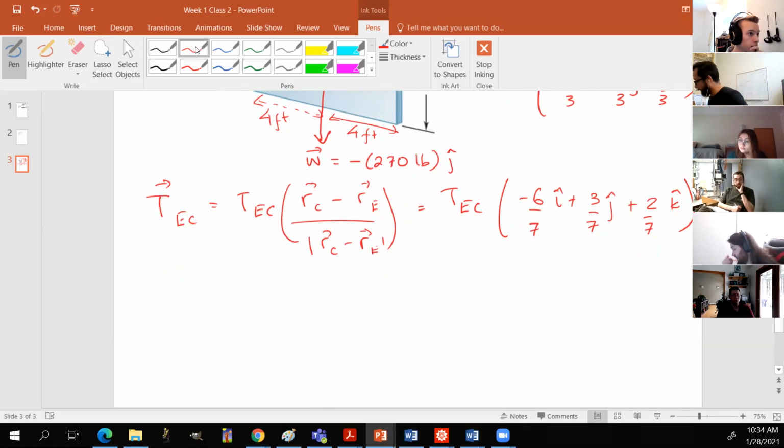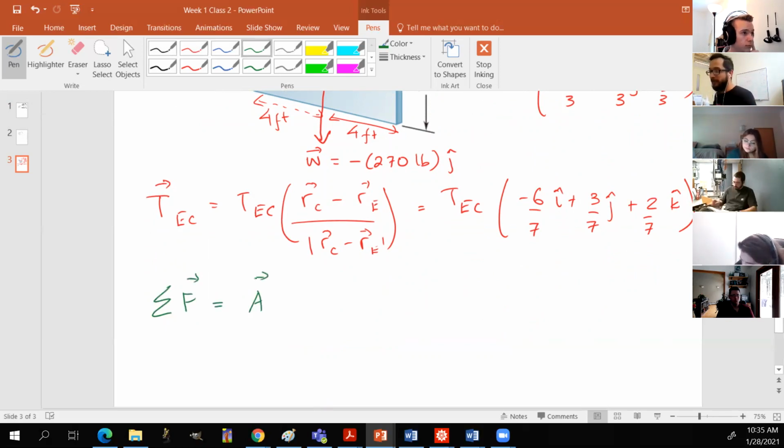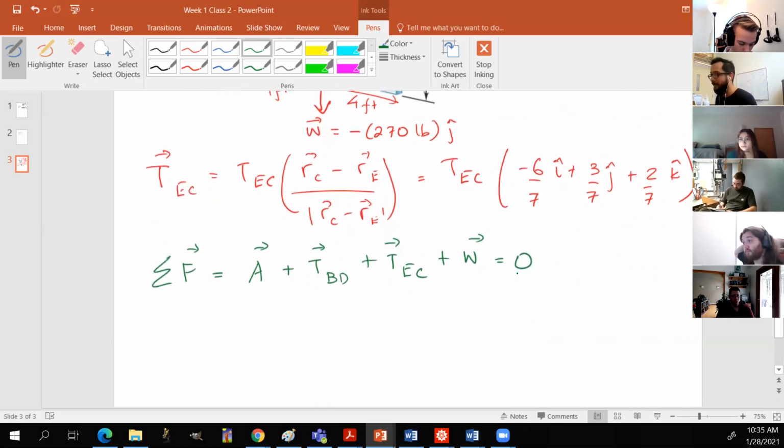You can simply say that your sum of forces is equal to your complete force vector A plus your complete force vector TBD plus your complete force vector TEC plus your weight vector, and that is just equal to 0, right? And then Mathematica will be able to individually figure out the 3 equations, what they're going to be.